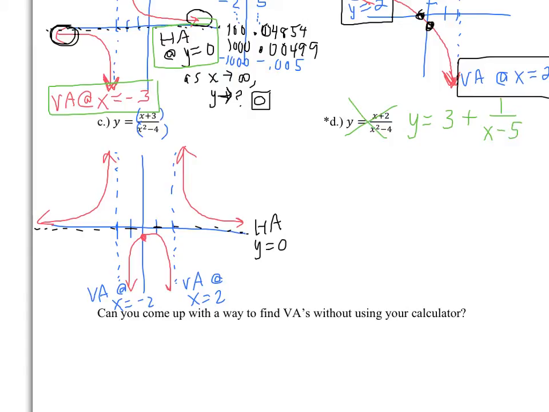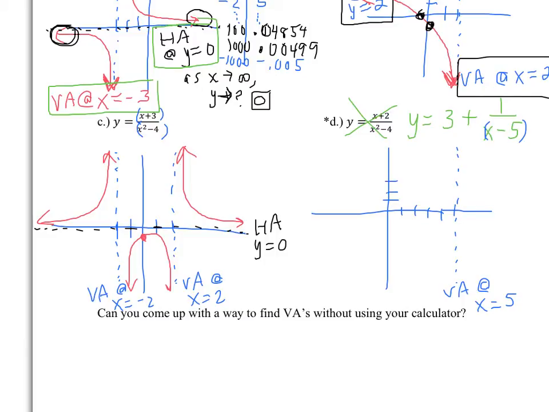Okay. So if we graph this function, again, using your calculator, you have 3 plus 1 over that quantity, x minus 5. You would see that your VA is over here at 5. So VA, vertical asymptote, at x equals +5.